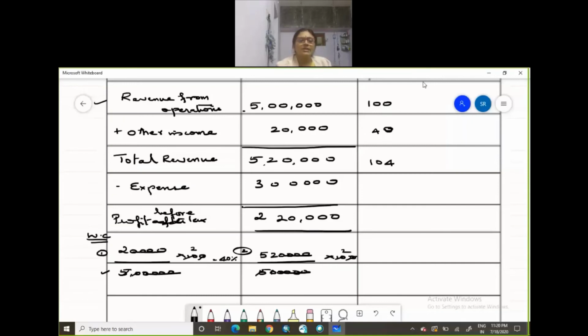Your expenses. Your expense is how much? 3 lakhs divided by the same base, revenue from operations, into 100. So 1, 2, 3, 4, 5, 5 will go into 50 times. So 60%. Fine. Now the last one, profit before tax.